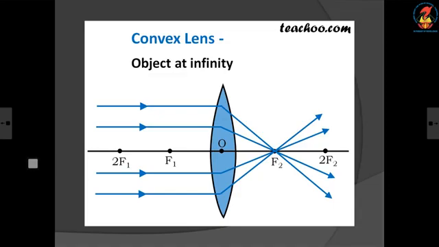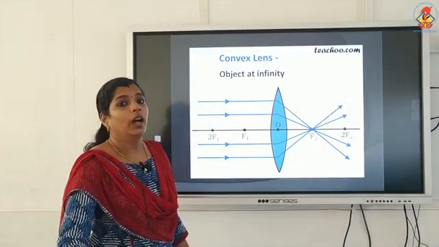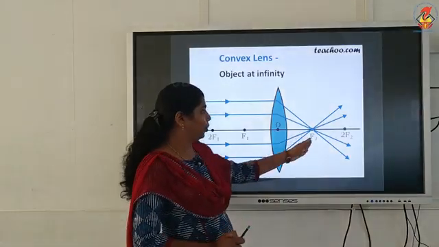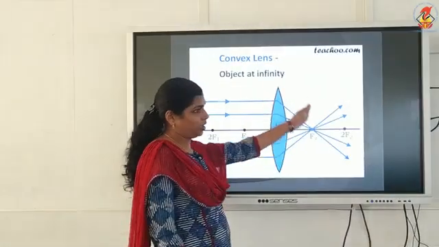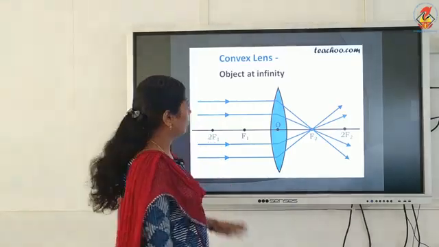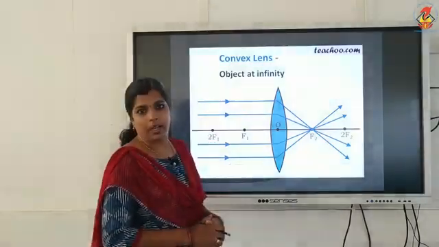When the object is at infinity, the light rays will pass through the lens and it will focus at the principal focus on the other side of the convex lens. It will converge on the point F2, that is the principal focus on the other side of the lens. Now I will tell you how to draw this ray diagram.